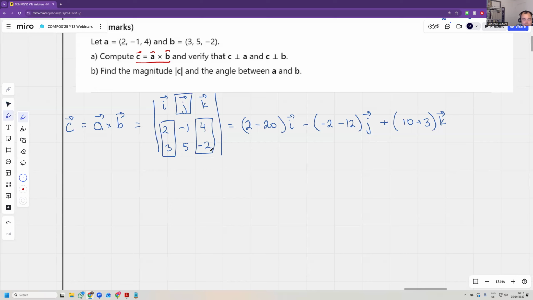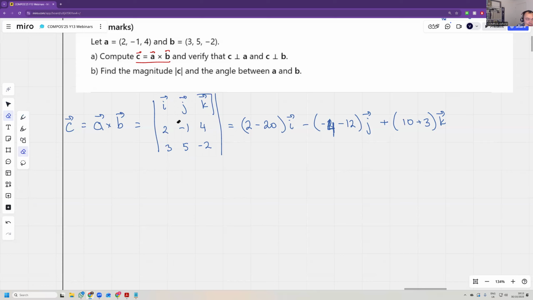So that's minus 4, sorry, minus 4, minus 12. And then finally, I do k multiplied by the determinant of this small matrix. Okay, does that clarify things?